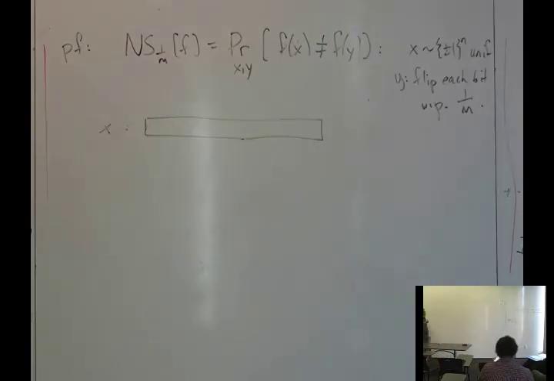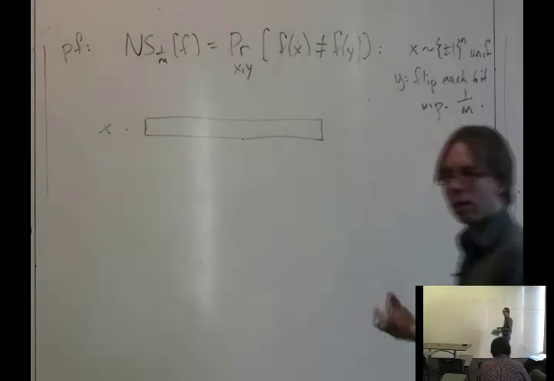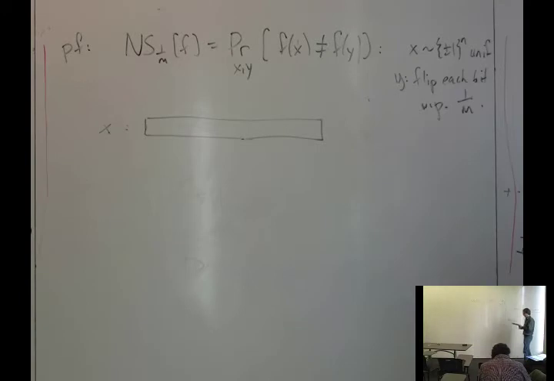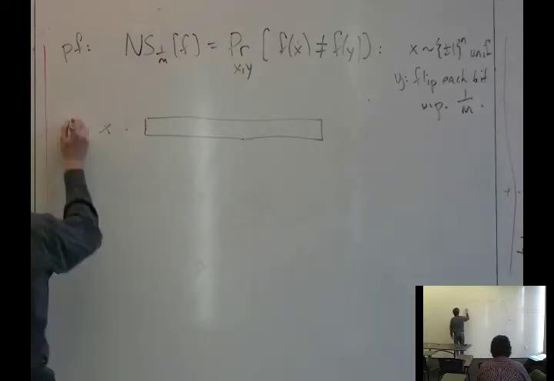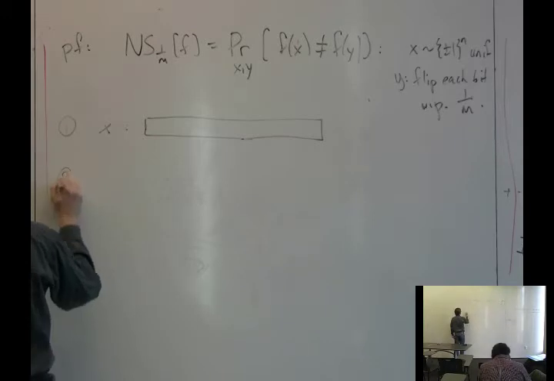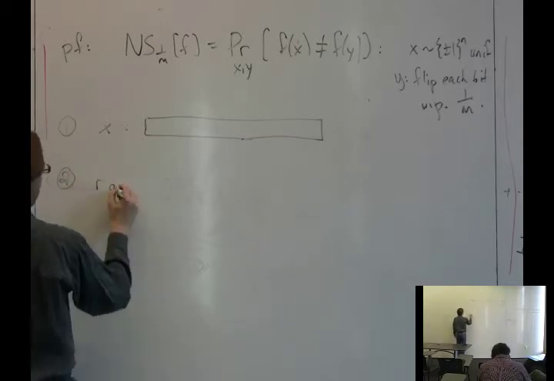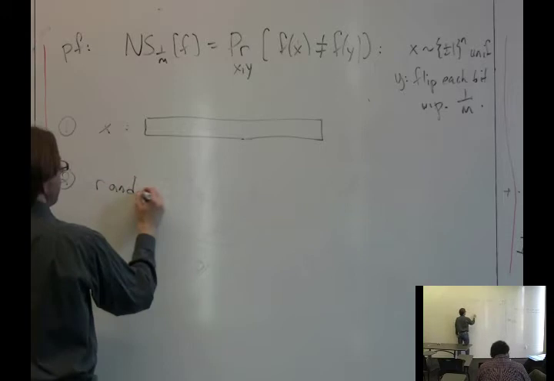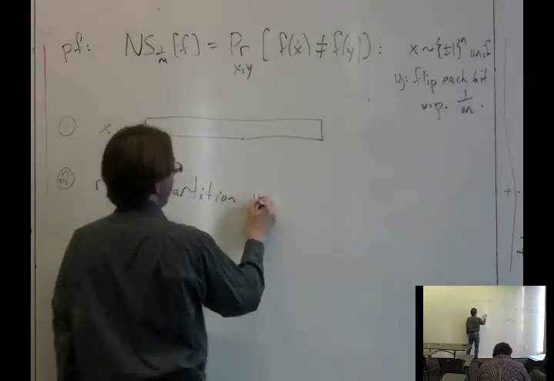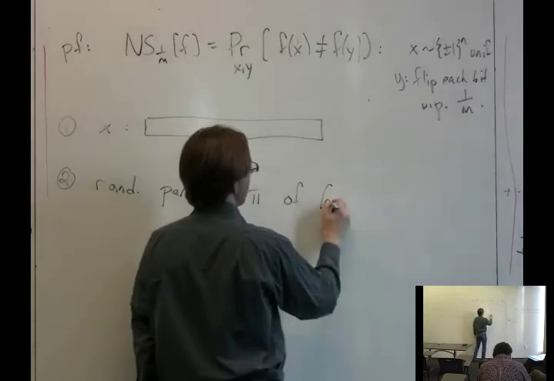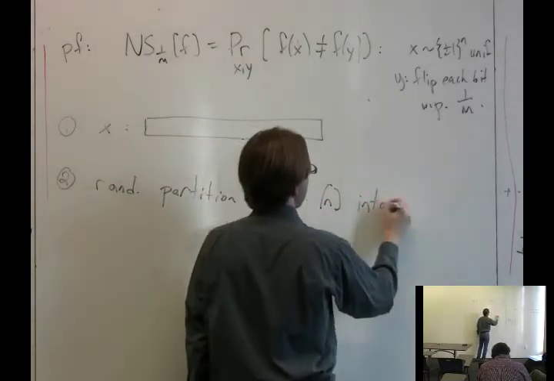And then we randomly partition the coordinates into m blocks, into m parts. So step 1 is choose x. And step 2 is choose a random partition pi of the n coordinates into m parts.